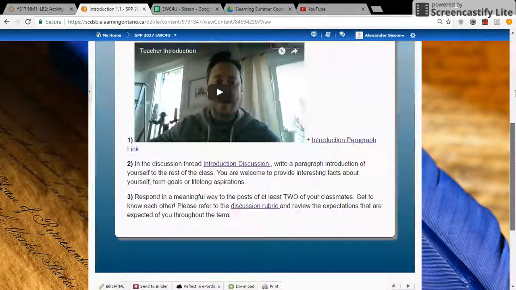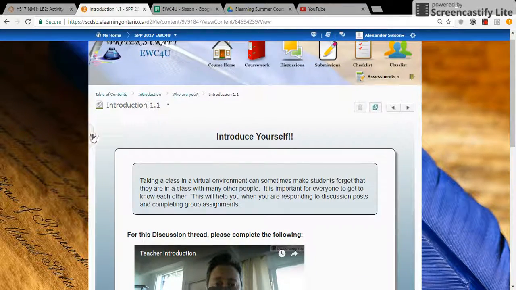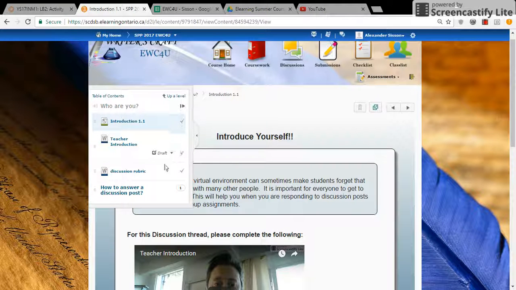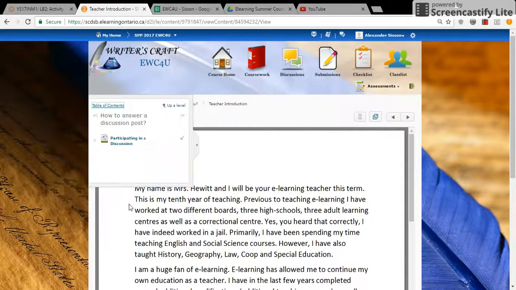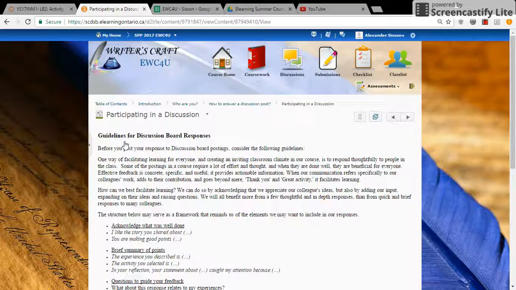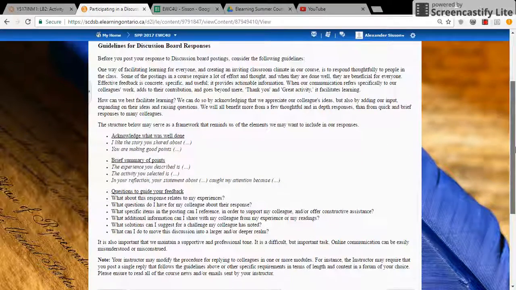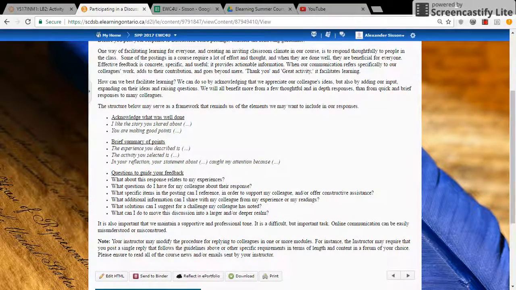And speaking of discussion, if we move forward a bit, if we move down to how to answer a discussion post, it is in this section, right here, that you thoroughly analyze how to reply to a discussion.